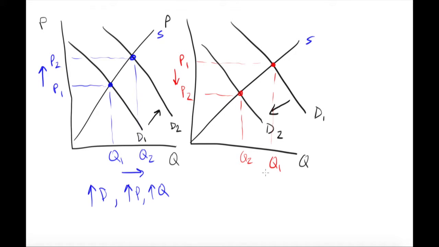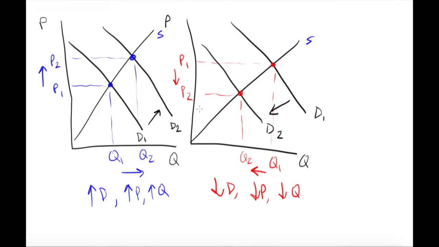This is going downwards, and this is going to the left. As expected, when you decrease the demand for a normal product, the price will go down, as will the quantity. That outlines the two scenarios.